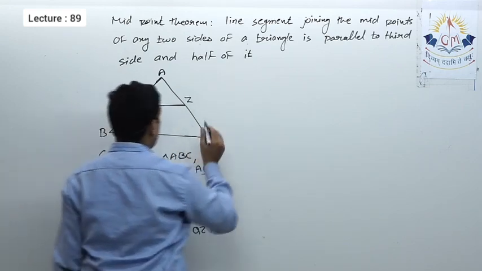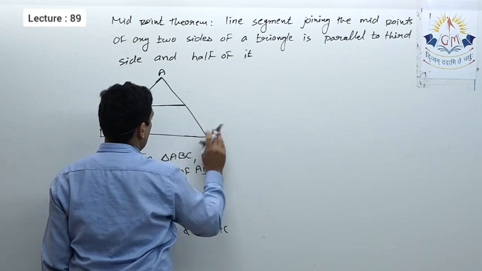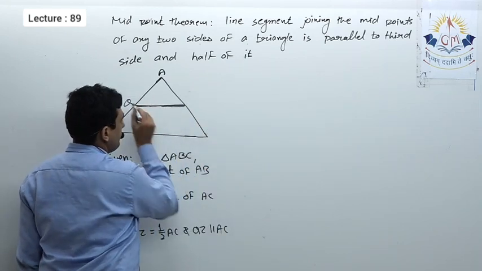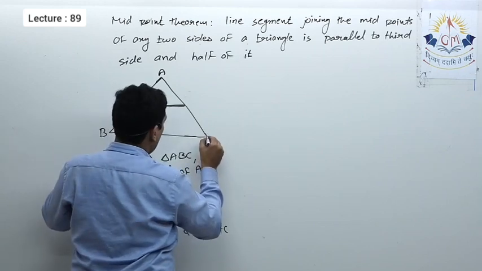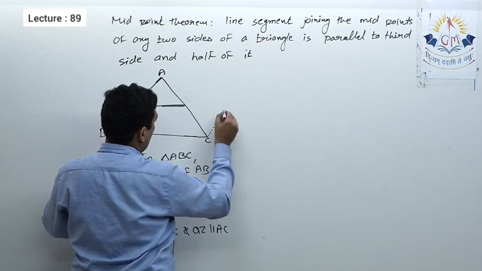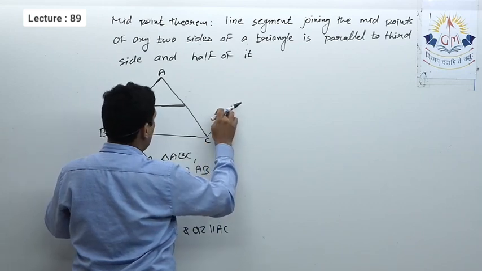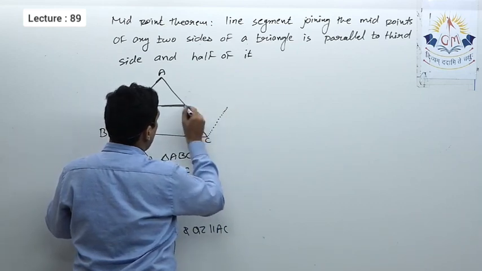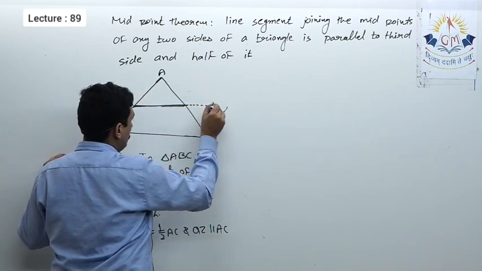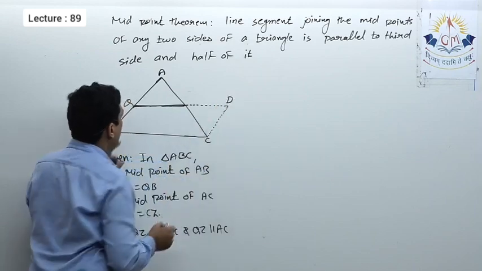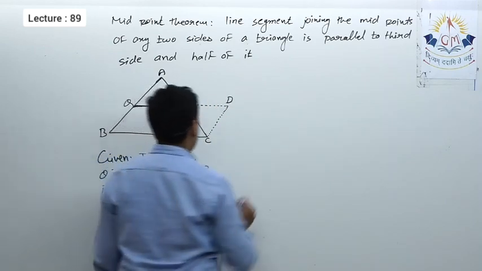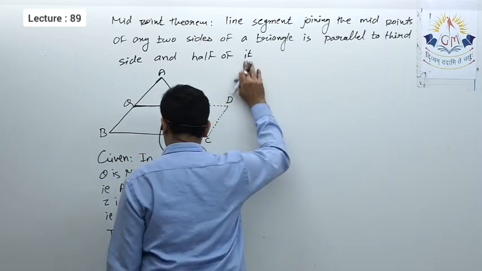So a small construction is required over here. We have to draw a line through point C parallel to BA, which meets QZ produced at D. Okay, a small construction.